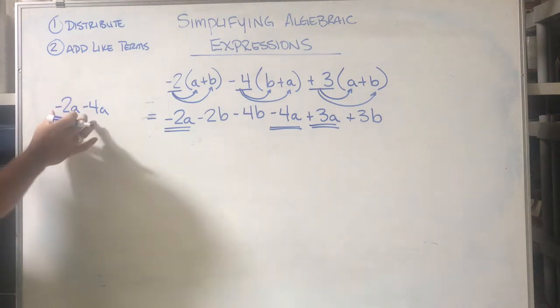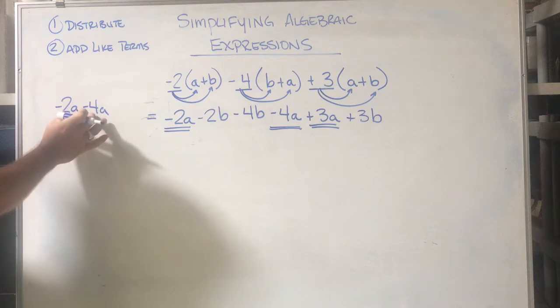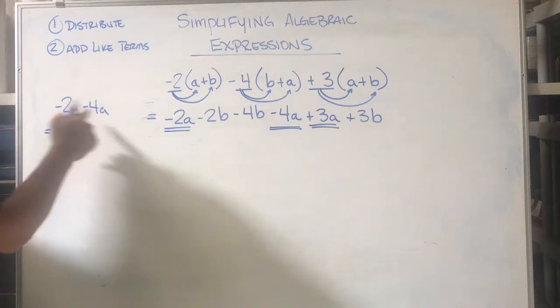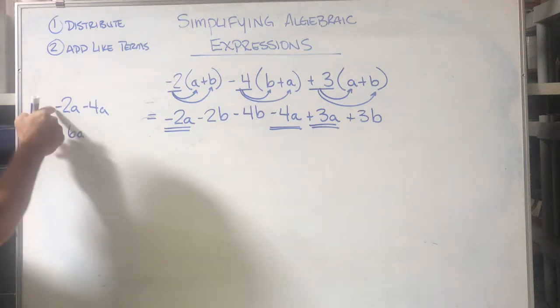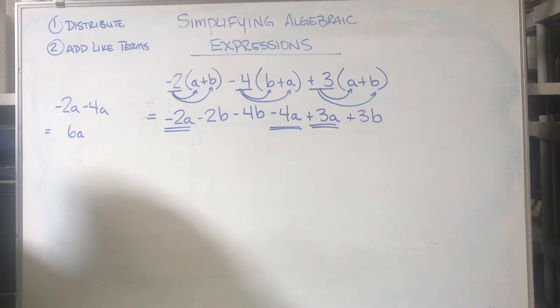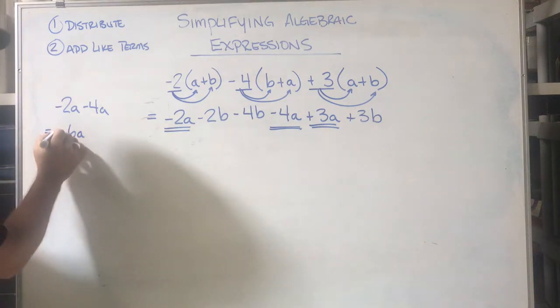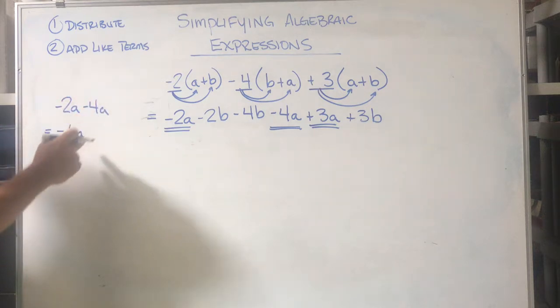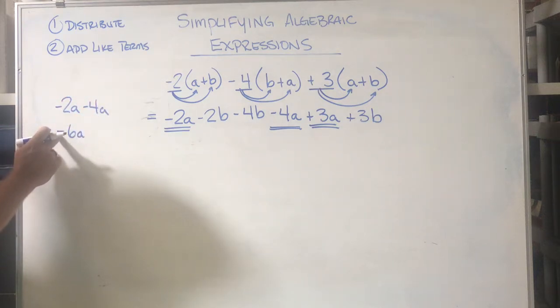Remember, when we have like signs, we just add the coefficients together. So 2 plus 4 is 6, and we have a's, and we keep the sign of the common sign, which is negative. So negative 2a minus 4a equals negative 6a.